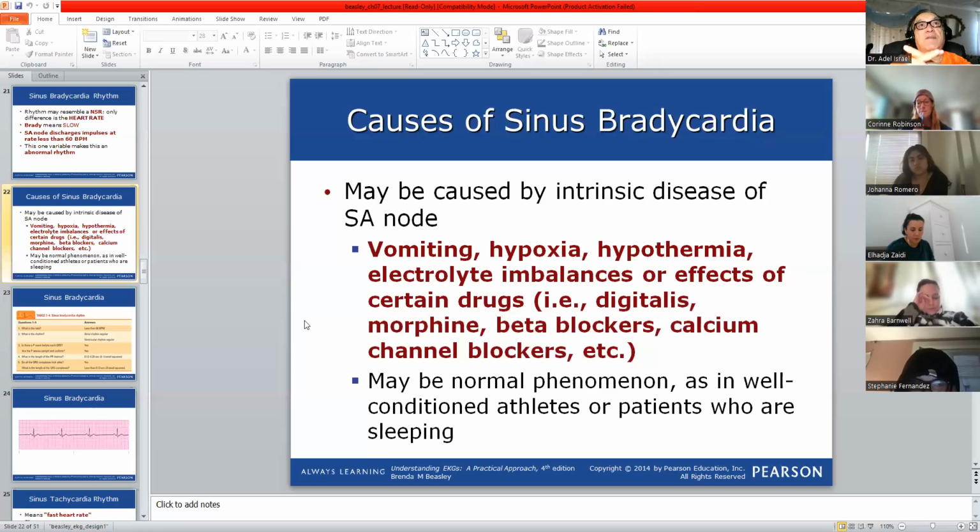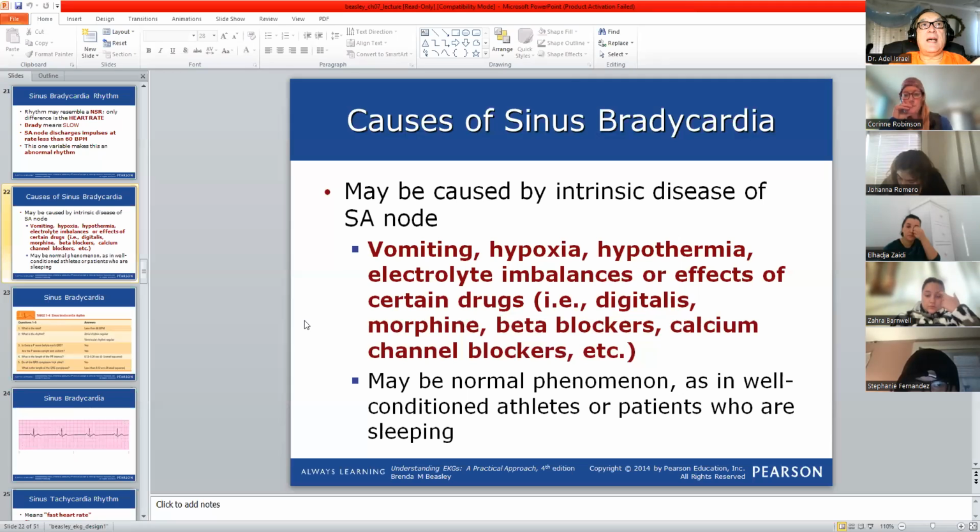One of them is the vagus nerve. This vagus nerve is number 10, and it slows the heart. So it is opposite to adrenaline. Adrenaline increases the heart rate, vagus decreases the heart rate.